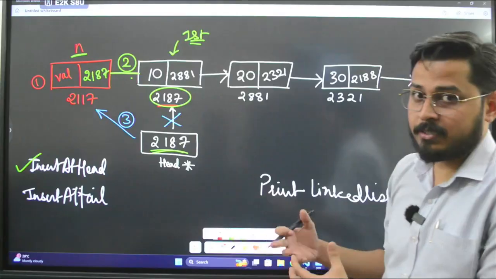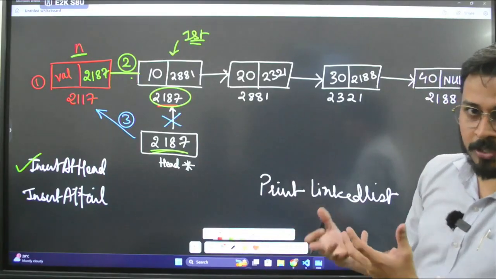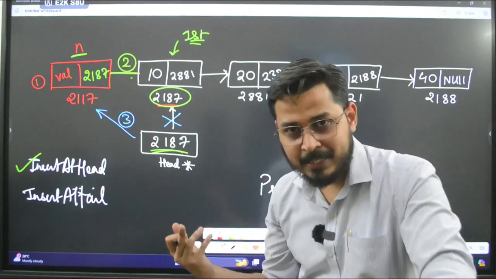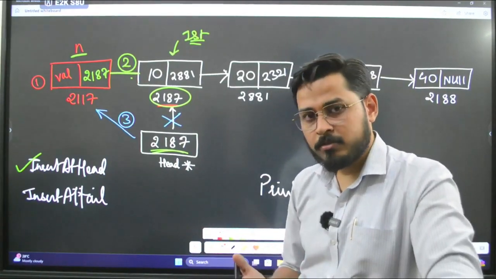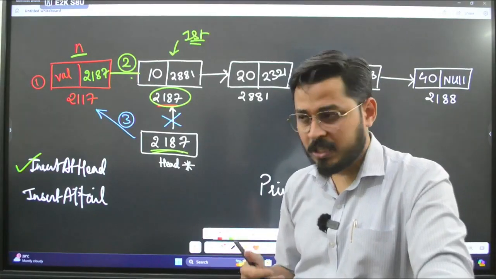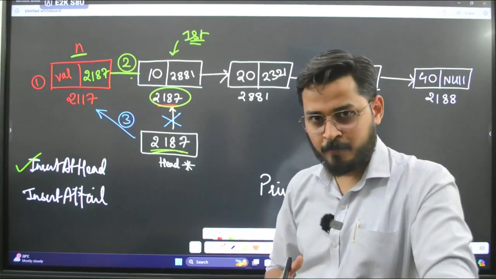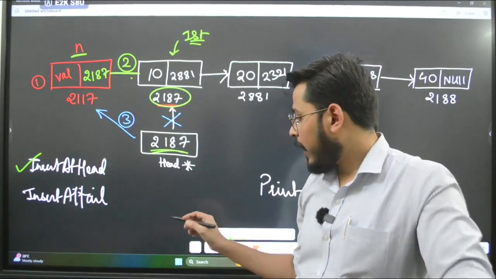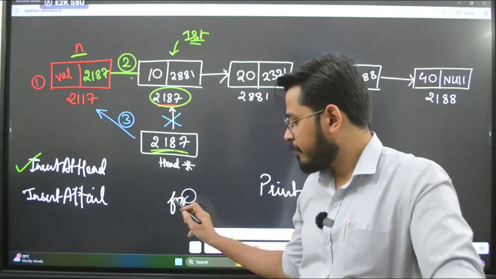It is not as easy as an array, because in an array I can just put a for loop, iterate it, and then print the elements. But very similar to that actually, here also I am going to do the iteration. But in this iteration I am not going to use a for loop. Why?